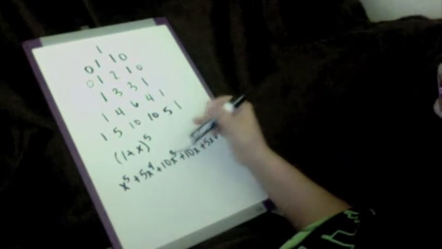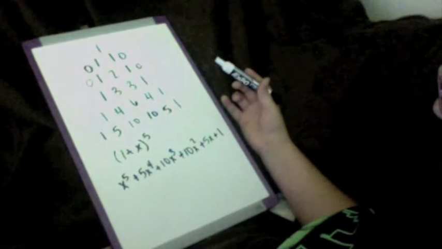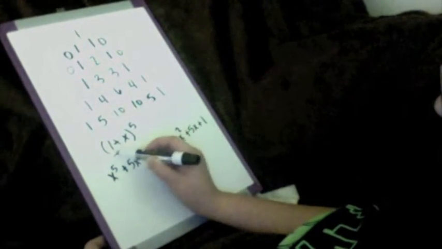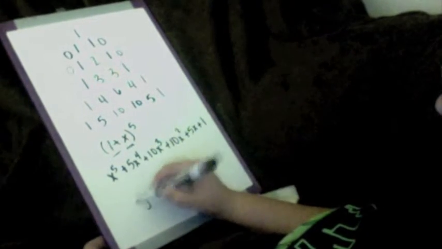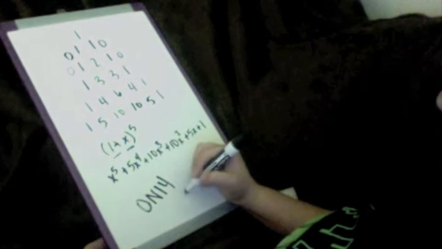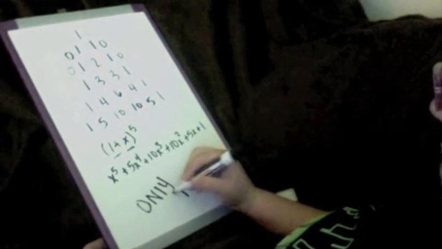The numbers in Pascal's triangle are the coefficients. This only works when it's 1 plus x, and we say it only works for 1 plus x raised to the n.